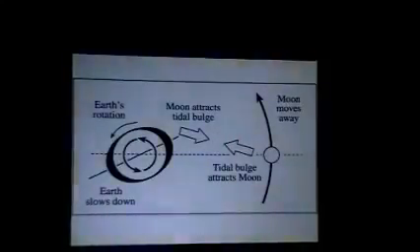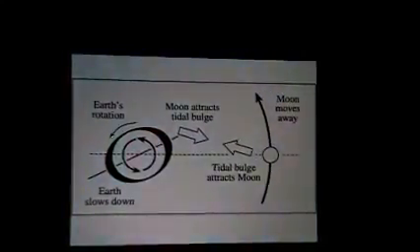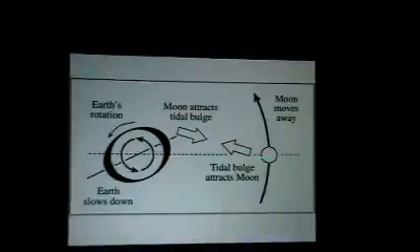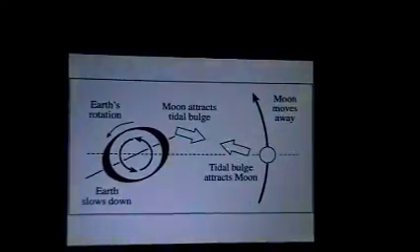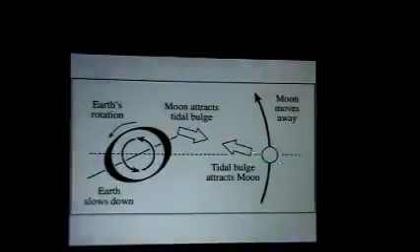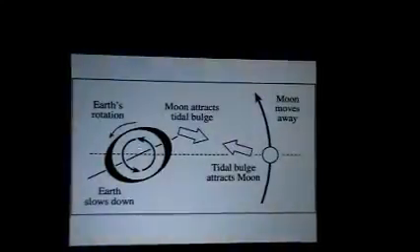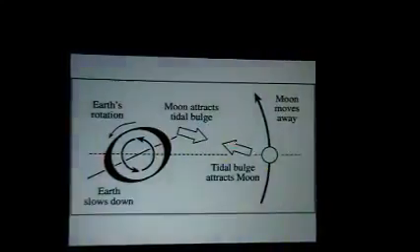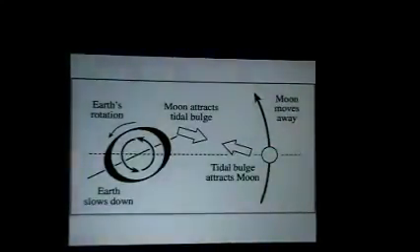But in some ways, there's a bit of truth to that, because with the tidal bulge being ahead of this line here, you can see the moon is attracting the bulge, trying to pull the bulge back, so it's basically trying to slow the Earth's rotation down a little bit. But by the same token, the tidal bulge is attracting the moon, and because that arrow is above this line, it's giving the moon a little bit of a kick along its orbit.